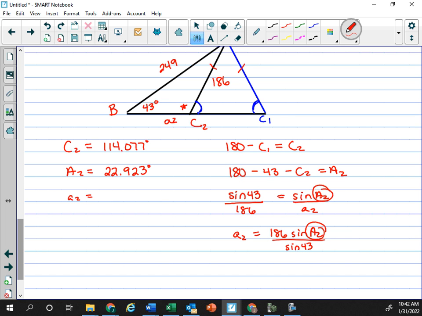Add in, using that stored value again. What'd you guys get for side little a 2? Yes, 106.226.